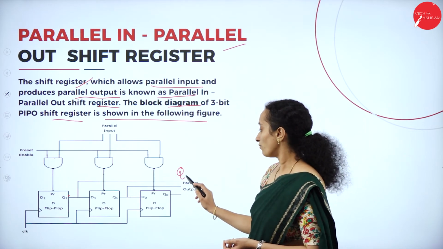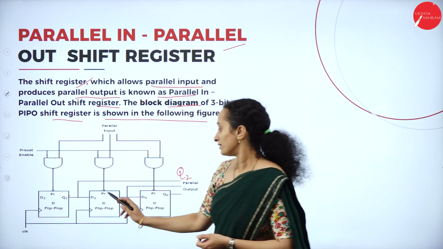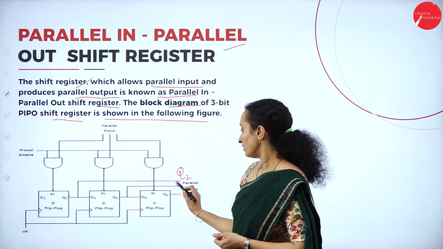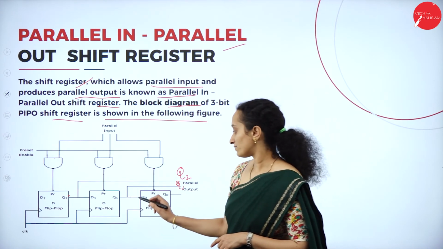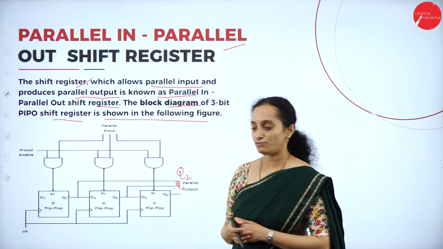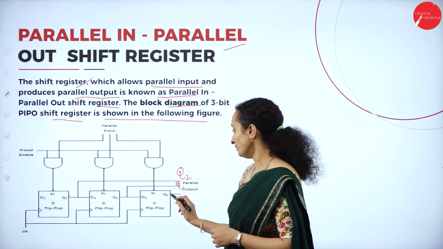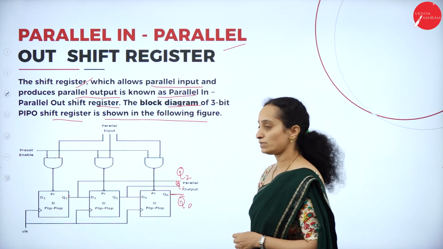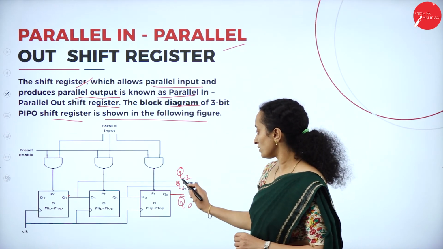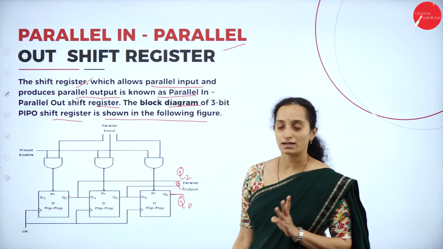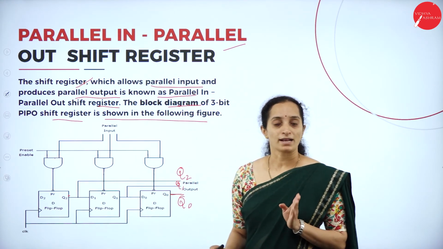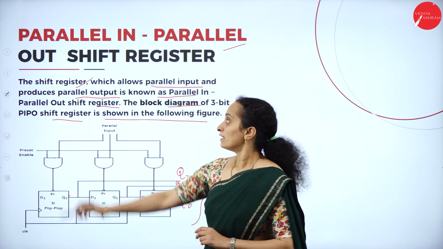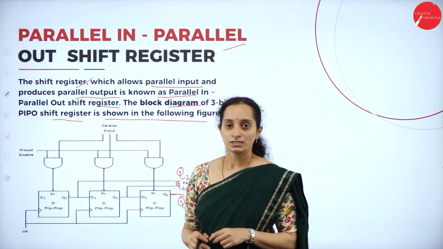Now we have the output Q2. Then this flip-flop also produces an output Q1, which acts as an output as well as input to the third flip-flop, which produces the output Q0. So parallelly we get Q0, Q1 and Q2, three parallel outputs from three parallel inputs. So this is the parallel in, parallel out shift register.